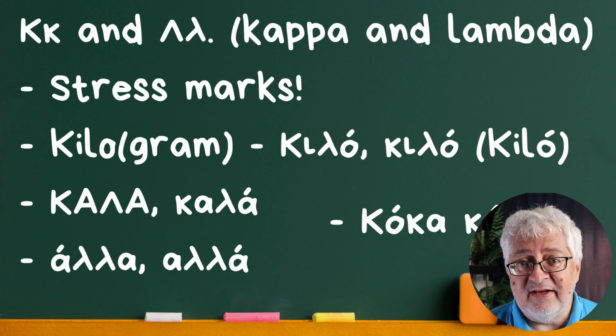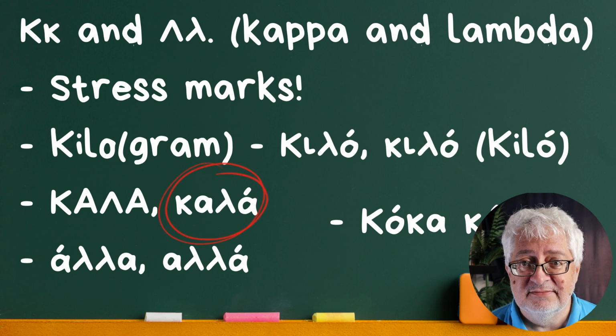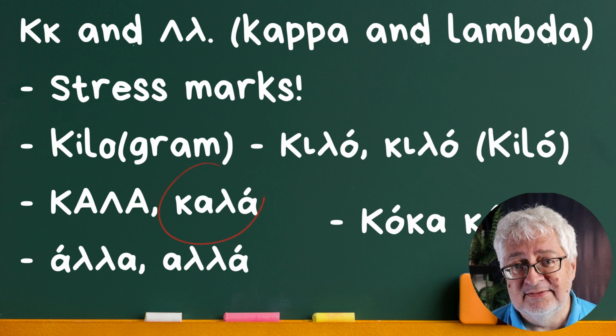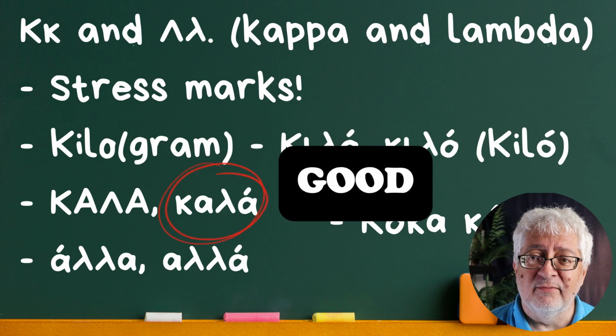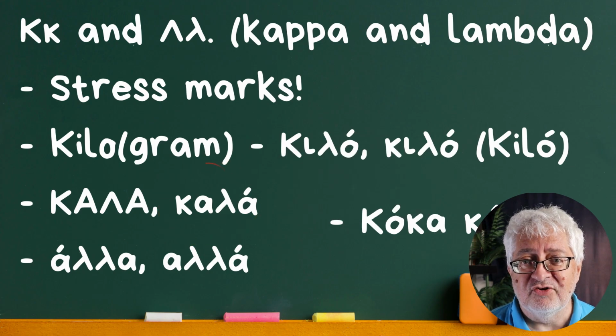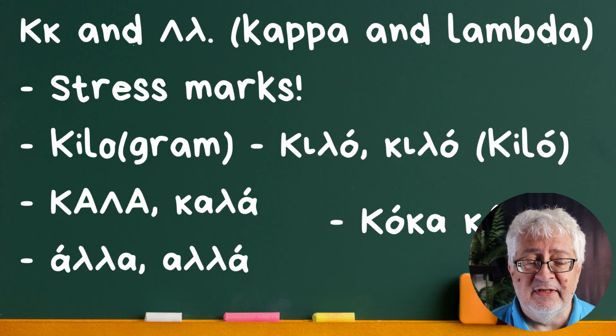Okay, to practice a little, here is a word. Try to pronounce it yourself. Kala. Kala means good. Kalos is good, in case you have heard it from other foreign words in English, sometimes have kalo as a component in them.